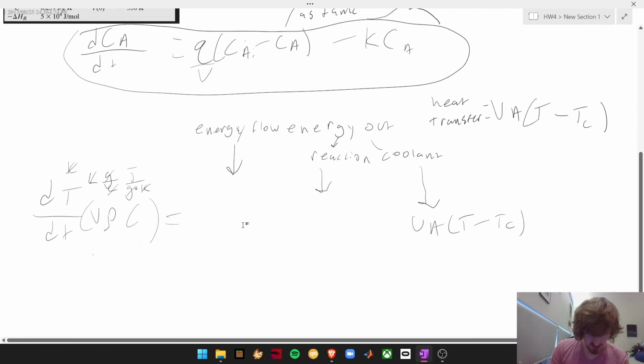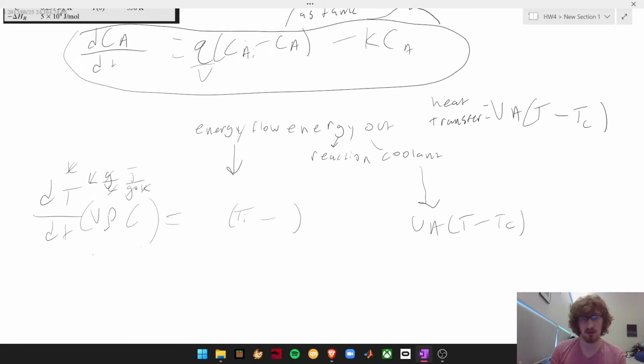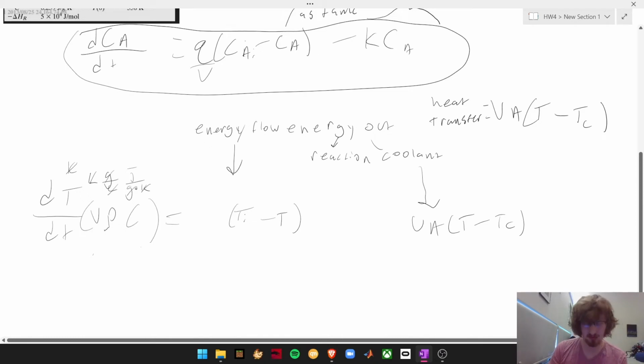So we know that we have fluid of some temperature coming in, and we'll say that temperature for now is Ti. But we have a temperature of the fluid that's coming in, Ti, and then the temperature that's going to be leaving, which is going to be the same as the temperature inside the tank.